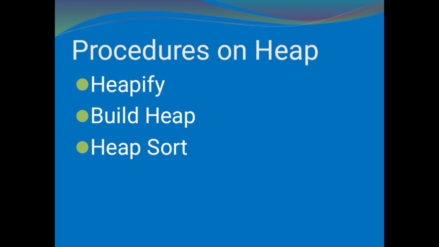Now, procedure on heap. As I am explaining from the starting, heap sort is a technique which is heapify, build heap and heap sort. That is, heapify is nothing but constructing a tree, then bringing it into a max heap, then sorting the elements, that is by deleting one element at a time.